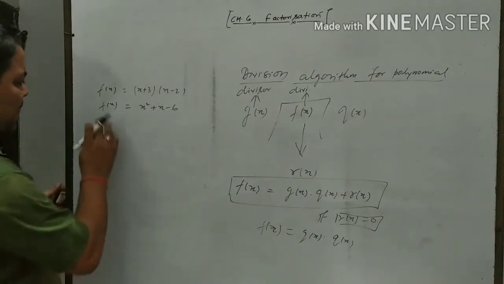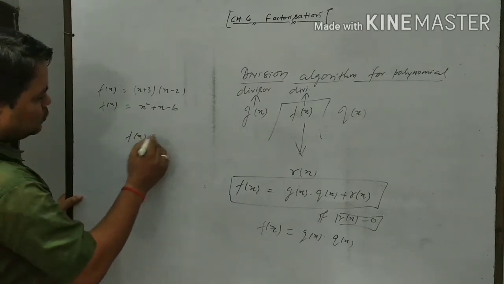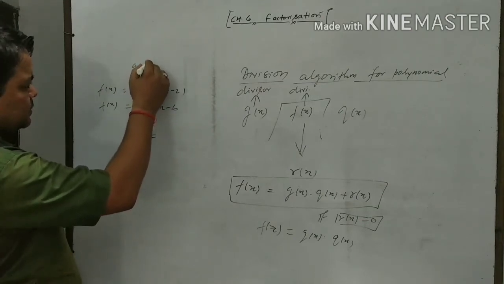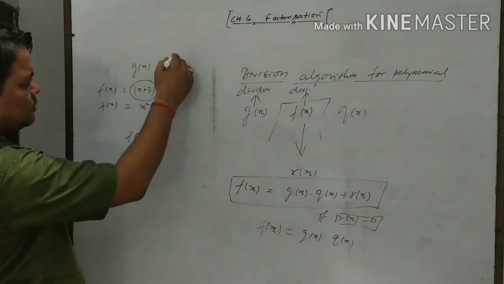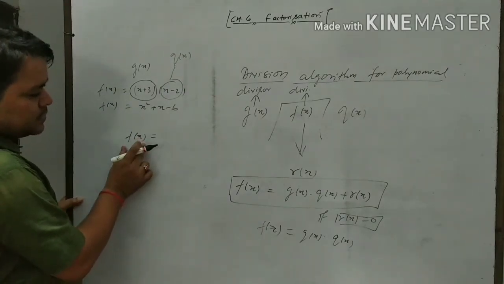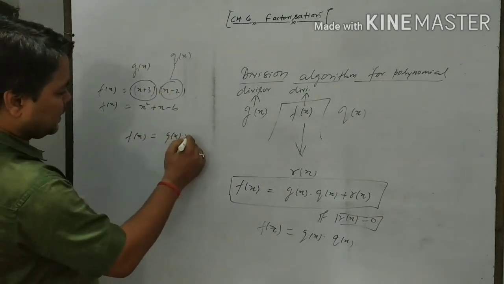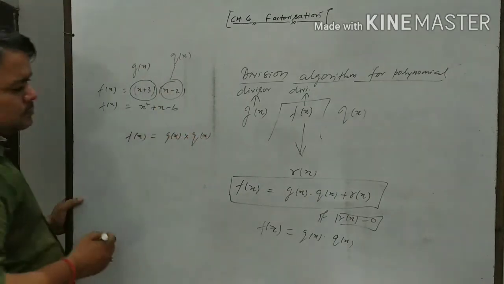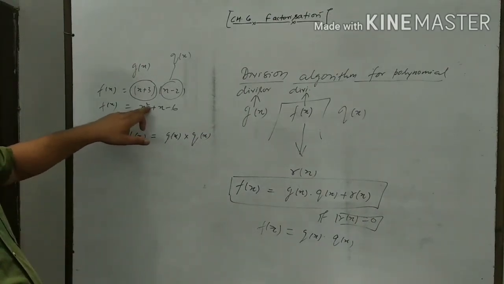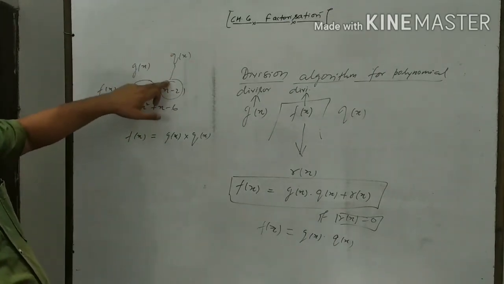Now if fx is equal to this, let this be gx and this be qx, then we can say that fx is equal to the product of two more polynomials gx and qx. Here we see that the degree of the polynomial fx is 2, but the degree of gx is 1 and qx is also 1.